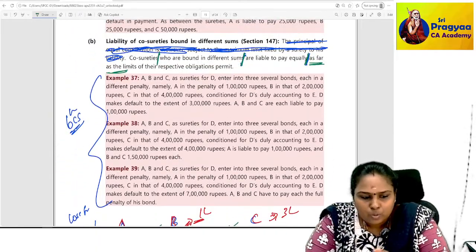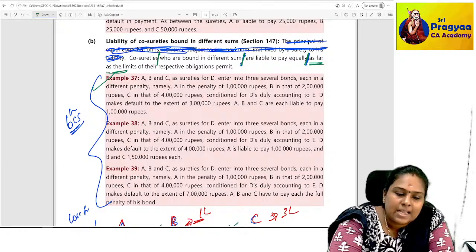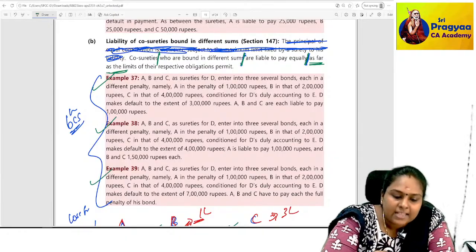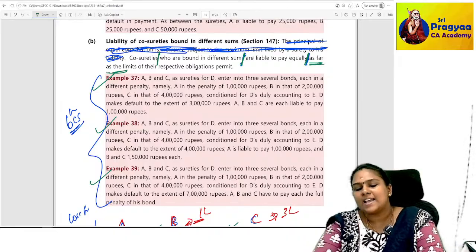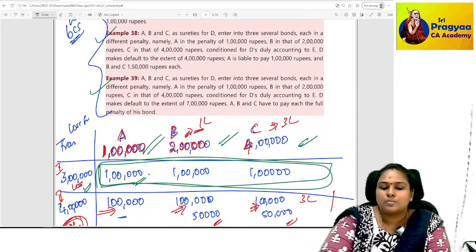Clear? Few minutes time, please go through these examples. Example 37, 38 and 39. Whatever is given there in words, I have put it already in this particular small chart.